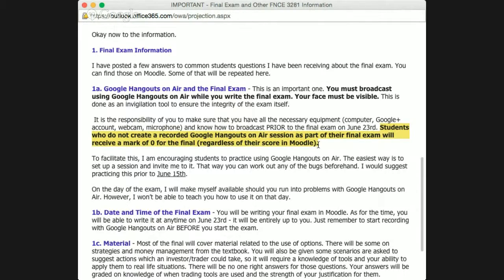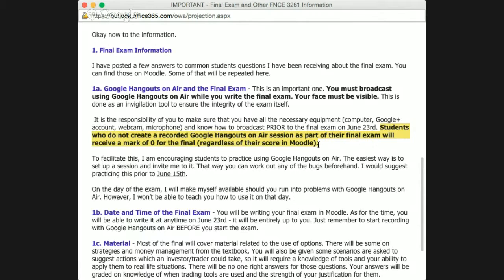So it doesn't matter if you ace the test in Moodle, if you don't actually record the session, there's no way for me to verify that it was you writing. Okay. So you need to have that recorded evidence, and the time that you write needs to match up with the time in the Moodle log. So the time on your broadcast needs to match up with the time on the Moodle logs.